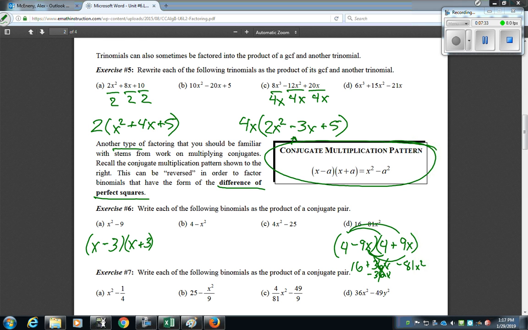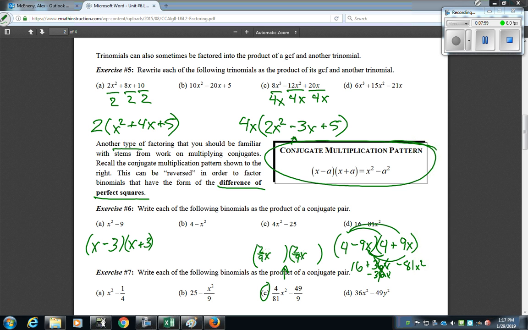Don't worry so much about fraction ones. If you look at exercise 7b or exercise 7c, let's do 7c right now. 4 and 81 are perfect squares. So I'm going to write that factored part up here. Again, perfect squares, so we'll have two sets of parentheses. We'll have 2 over 9 x for each of the first two terms.